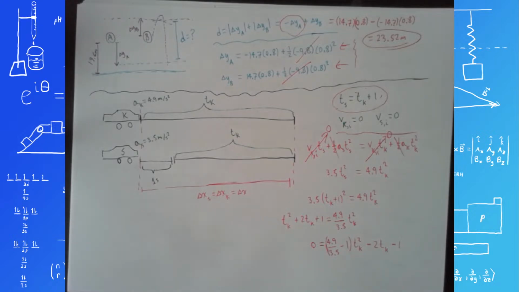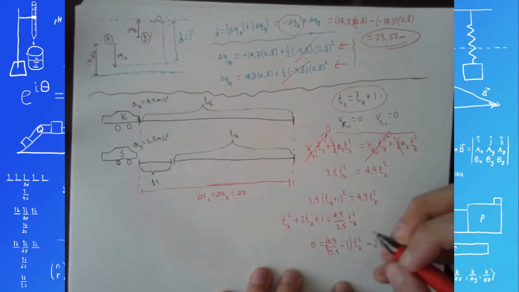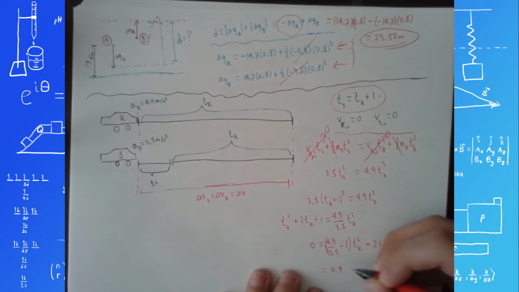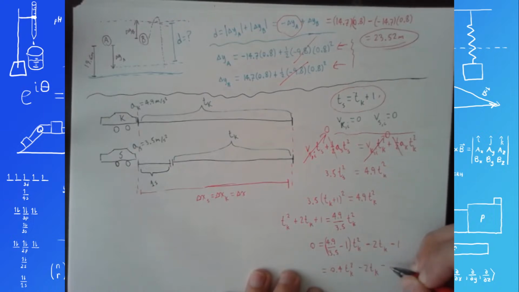I don't see anything that would cancel out or simplify if I left this as is. Let's actually put it in the calculator then. So 4.9 over 3.5 is 1.4, and then minus 1 is 0.4, so that's going to be a 0.4 over here. Equals 0.4 tk squared minus 2 tk minus 1.